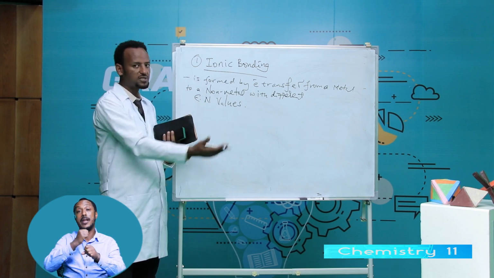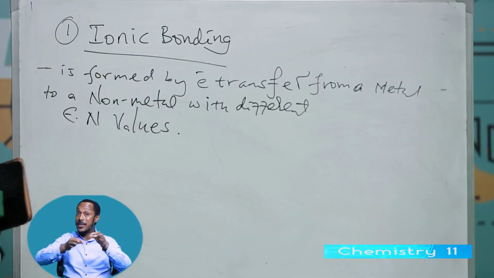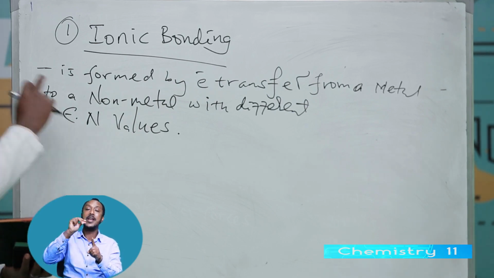Therefore, transfer of electrons from metal to non-metal is known as ionic bonding.